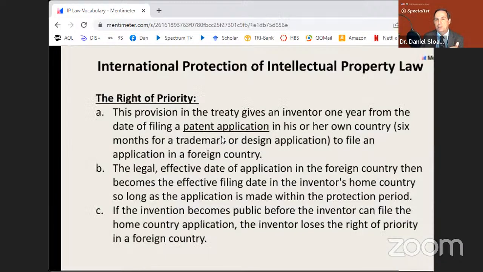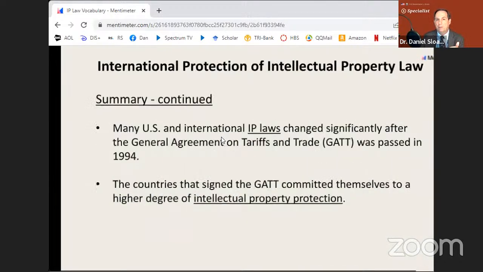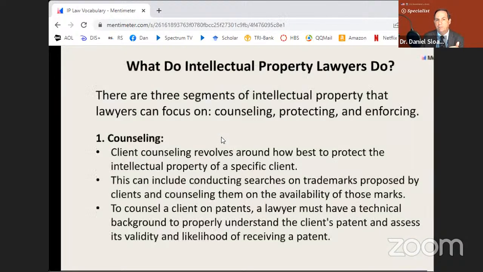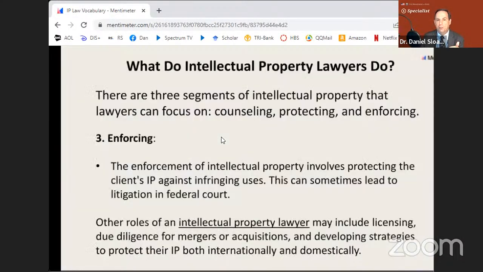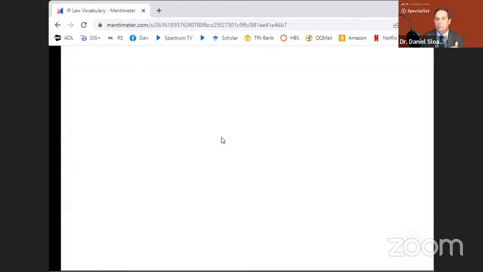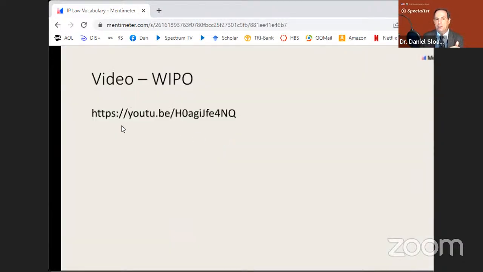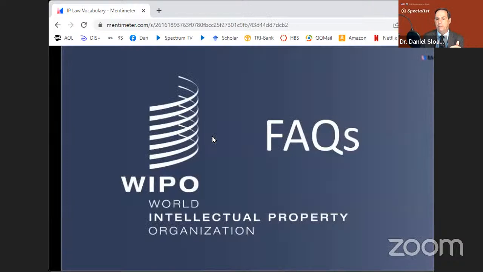And there's some information here at the end of the PowerPoint about international protections and the WIPO, which is the World Intellectual Property Organization through the UN. So if you get a copy of the PowerPoint, this will be in it. And there's also a video here that I put in there so that you can take a look at it through the link.